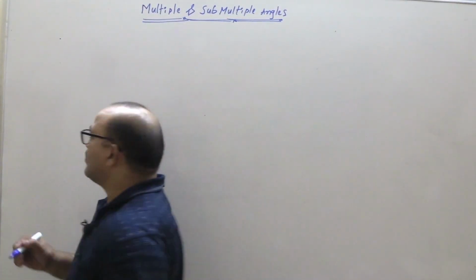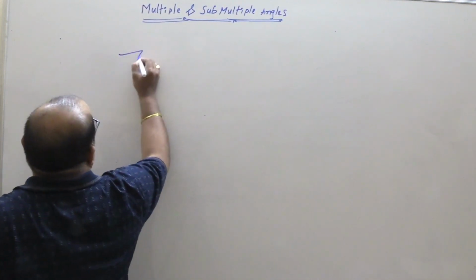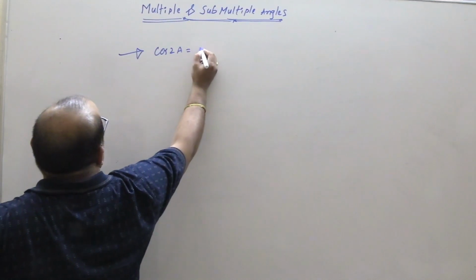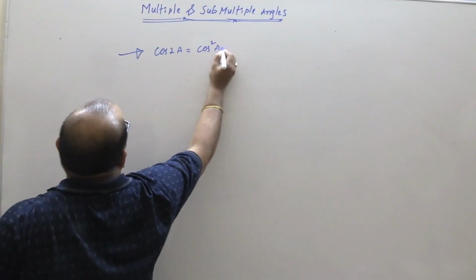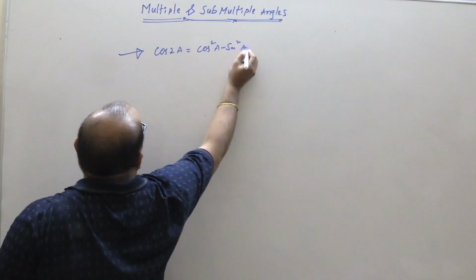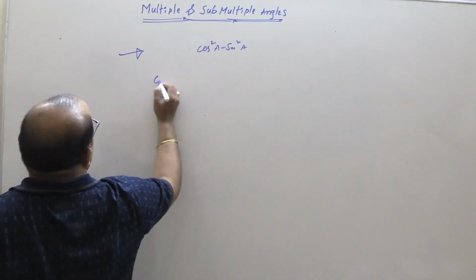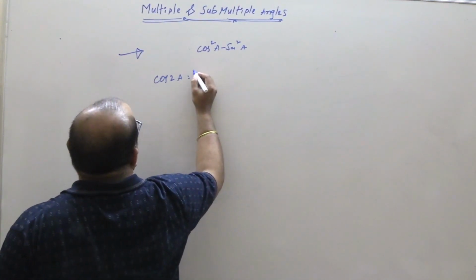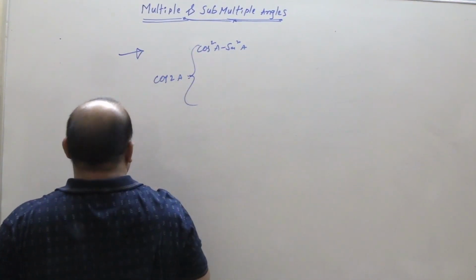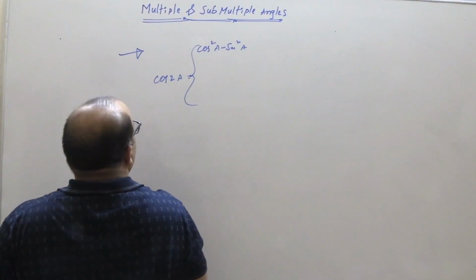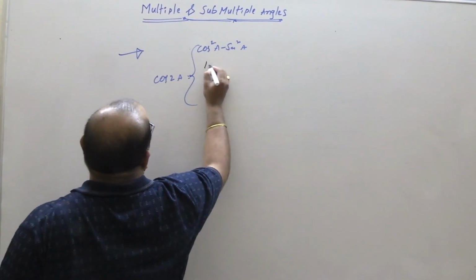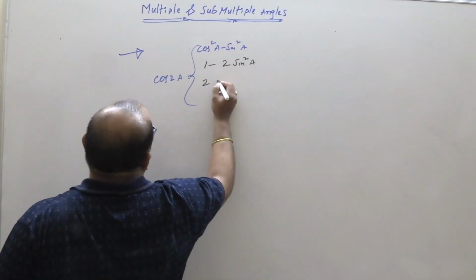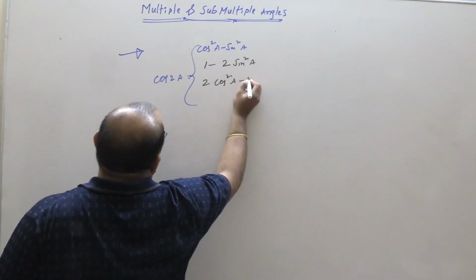Once again I am writing the cos 2a formulas. Cos square a minus sin square a, this is one formula. Next, 1 minus 2 sin square a. Next, 2 cos square a minus 1.